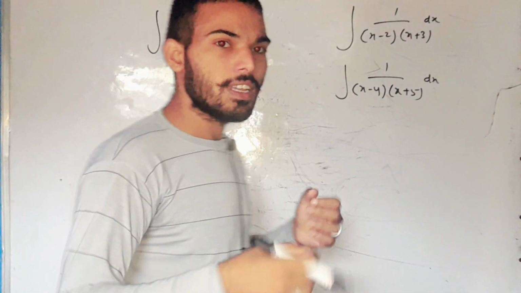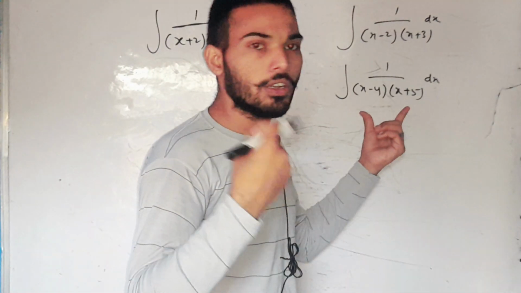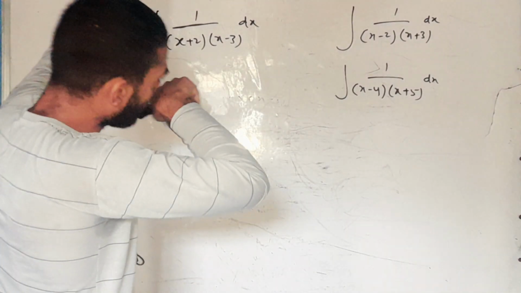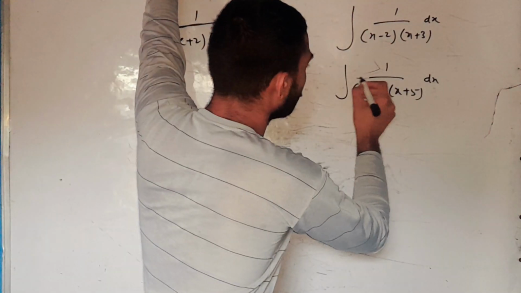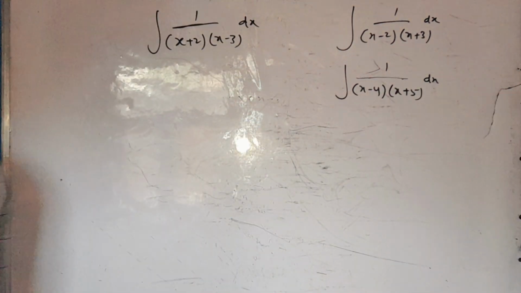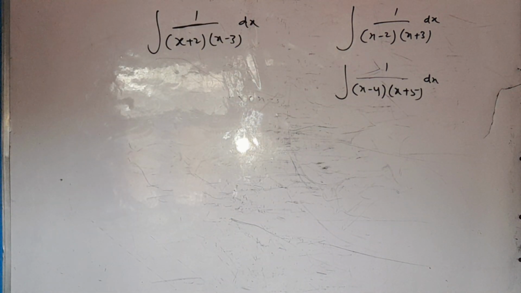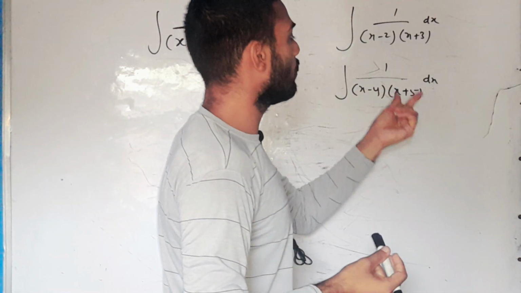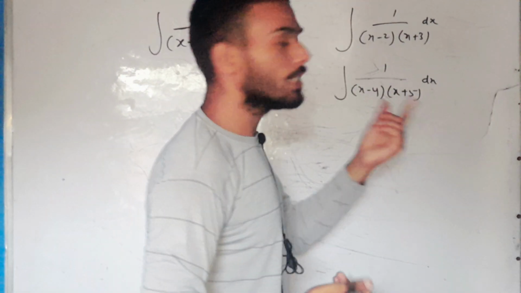Firstly, I will solve this question by the long method. So let's start. We know that 1 upon (x minus 4)(x plus 5) is a function.